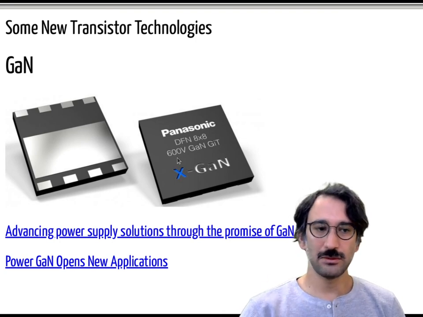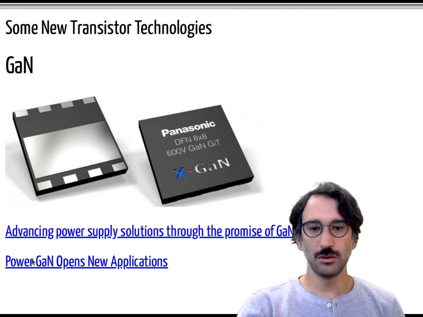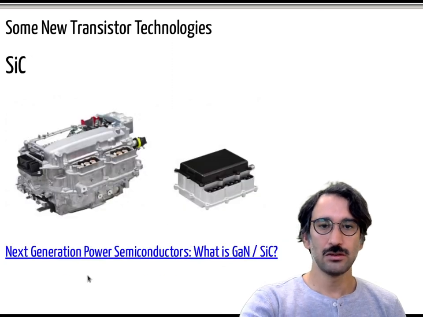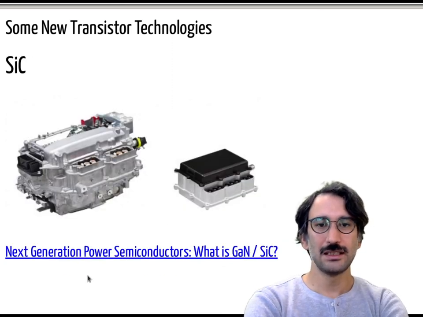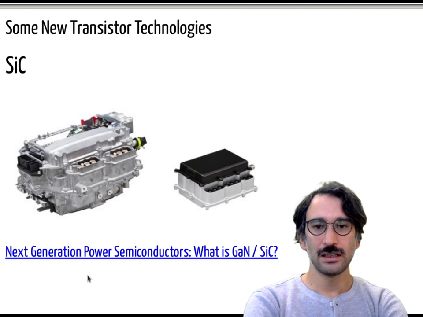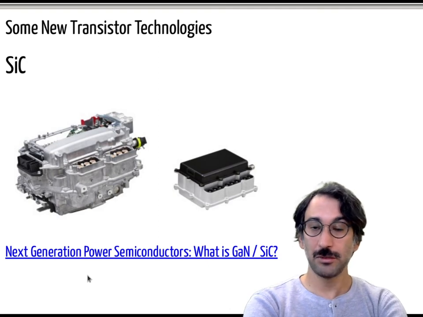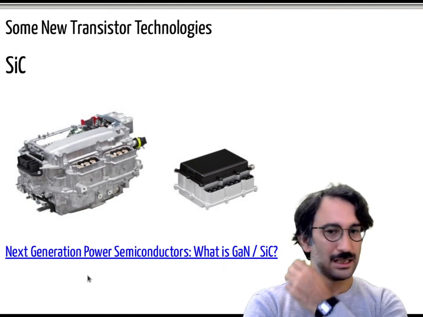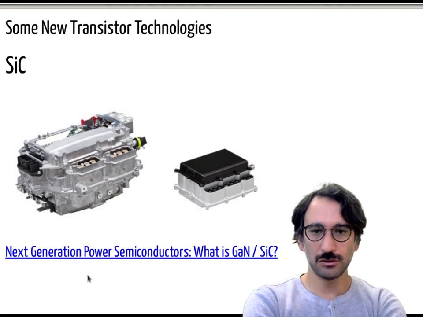And I advise you to have a look at those links. Okay, and the other one is silicon carbide. That one is also becoming popular, especially in railway traction or electric cars. I think Tesla now uses silicon carbide inverters, and I think that photo is from the Toyota Prius.